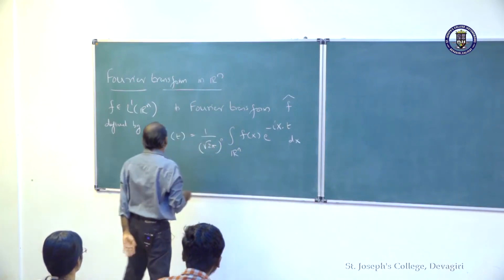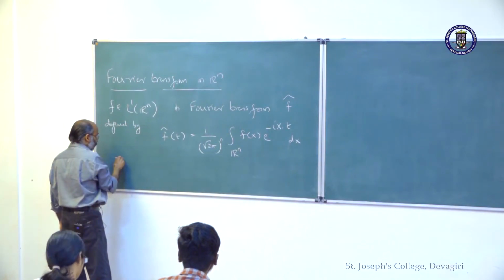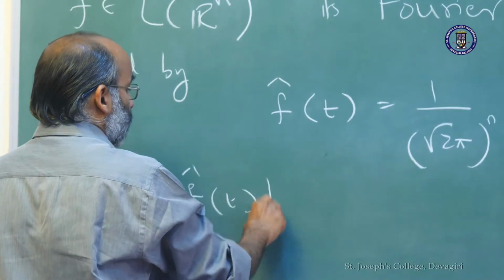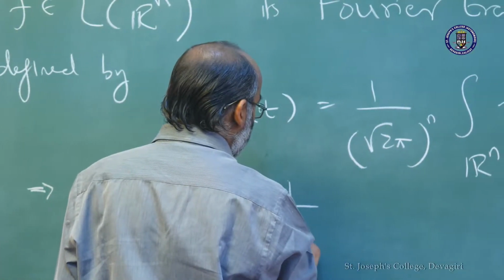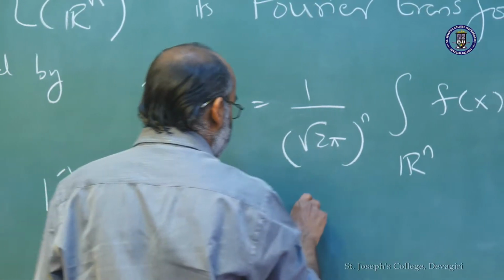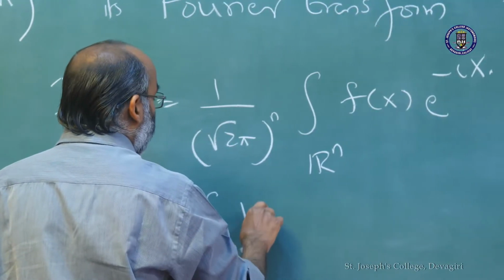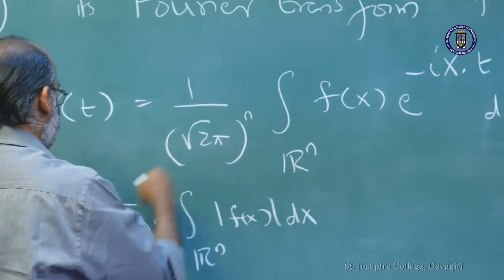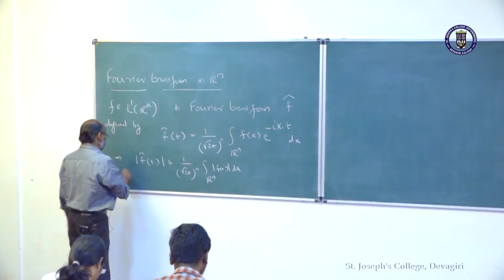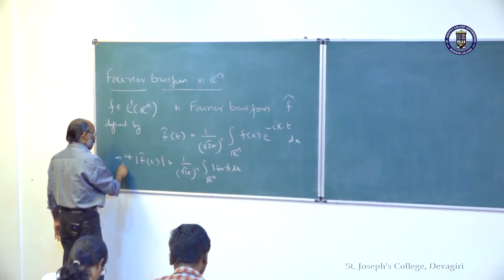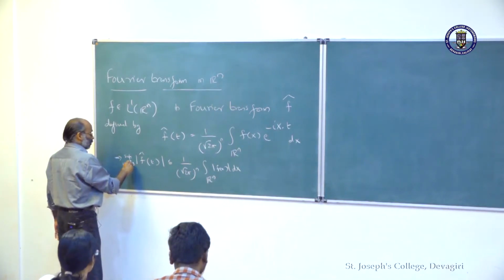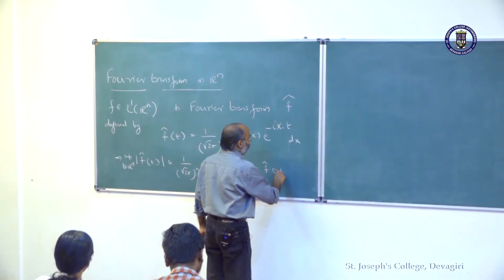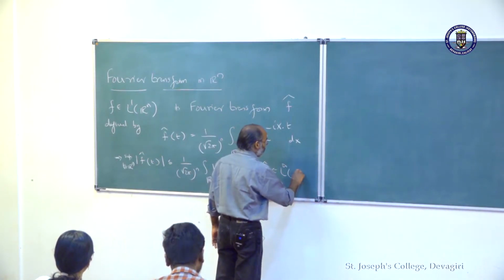So, it immediately tells you that modulus of f hat of t is less than or equal to 1 by root 2 pi to the n, integral over Rn of mod f of x dx, which is finite. This part is independent of t, so I can take the supremum over t in Rn. So, this tells me that f hat is a function in L infinity of Rn.